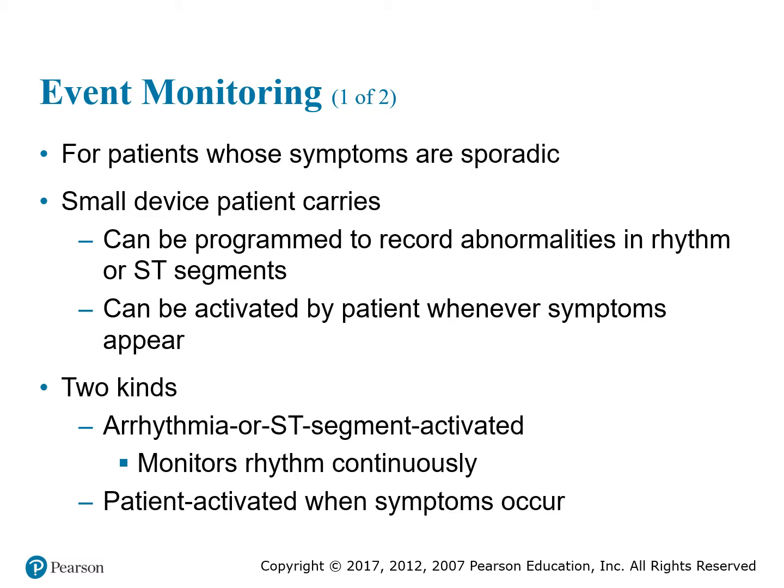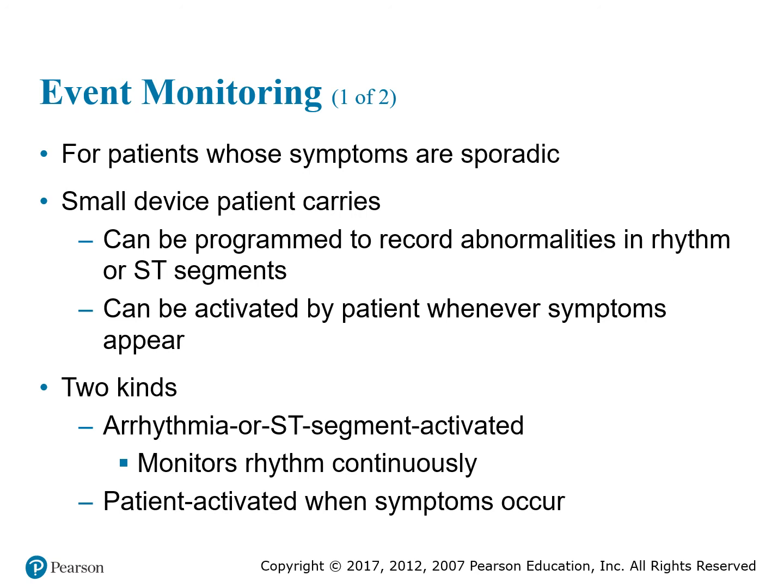For patients whose symptoms are sporadic, there is a small device a patient will carry. It'll be programmed to record any abnormalities that happen in their rhythm, especially when it's sporadic, and it can be activated whenever the patient feels a symptom coming on.